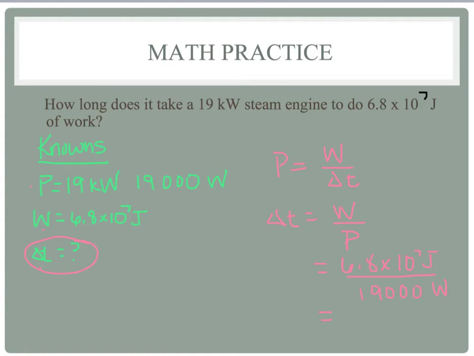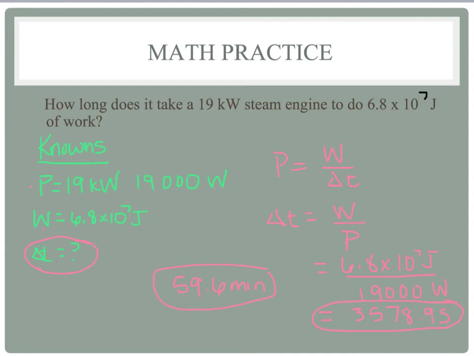And we get an answer of 3,578.9 seconds. Okay. And if we wanted to make that a little bit more sense, I converted it to minutes already, and it's 59.6 minutes. So just about an hour it would take.